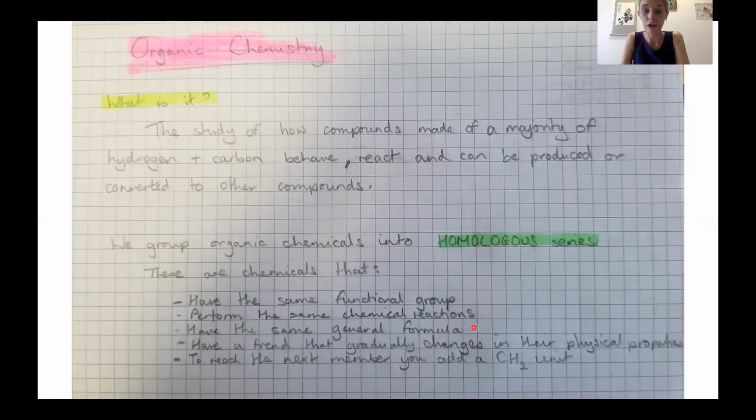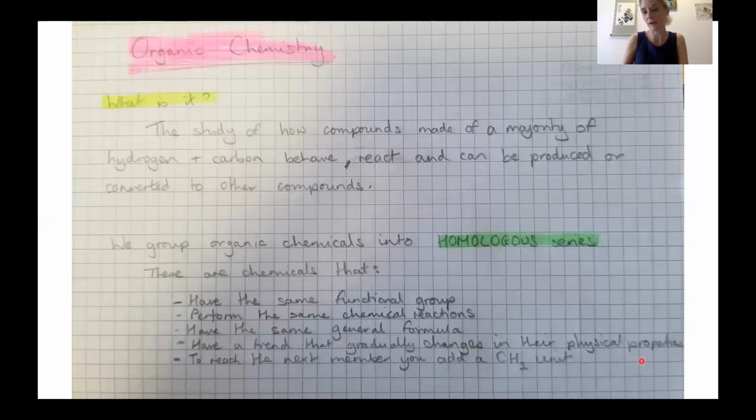They have the same general formula, which is something we're going to talk about when we get to each of the homologous series separately. But it basically means you can mathematically work out if a chemical belongs to a series using the general formula. They have a trend that gradually changes in their physical properties. So, for example, their melting points may slowly increase as you get to bigger members of the homologous series.